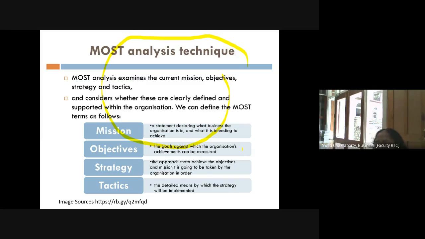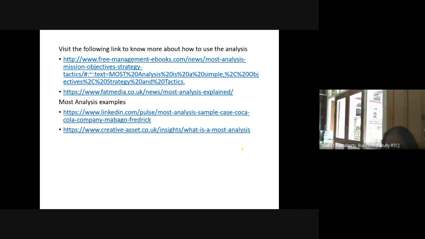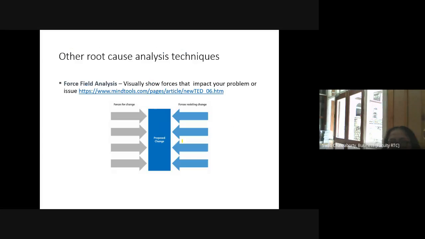Strategy is the approach that is going to be taken by the organization to achieve the objectives and mission. And T, that is tactics, is the detailed means by which the strategy will be implemented. There are links you can go through which will tell you more about MOST analysis.